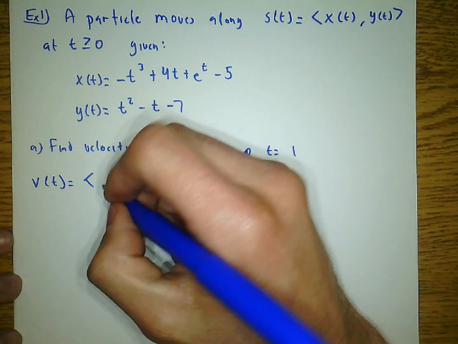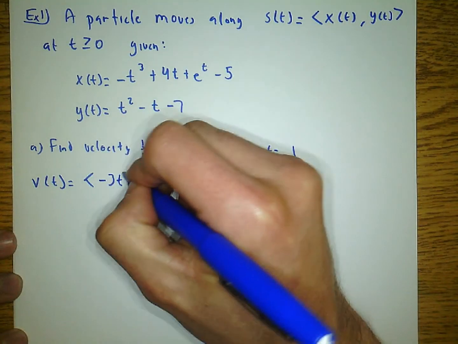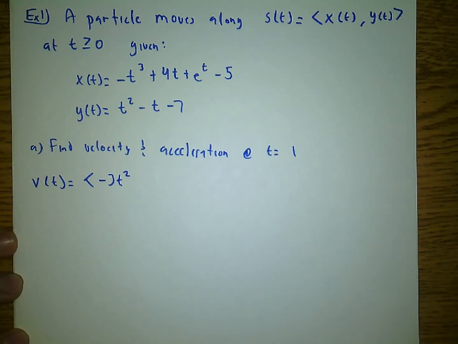Negative 3t squared, what else? Plus 4. Is that it? Plus e to the t. Is that it?